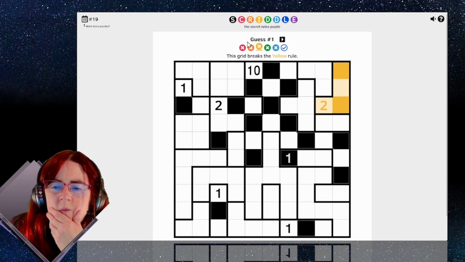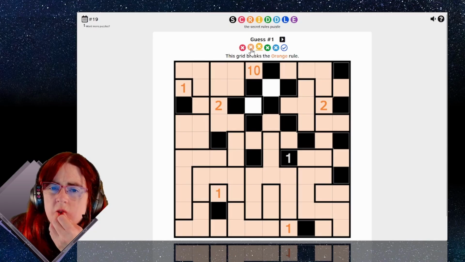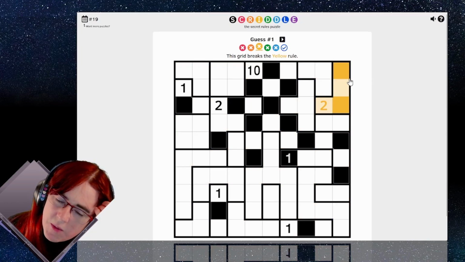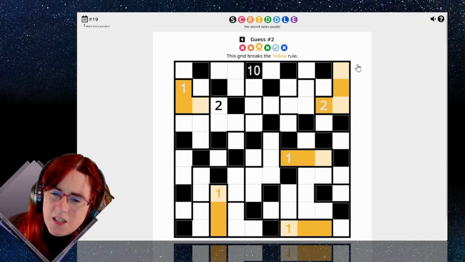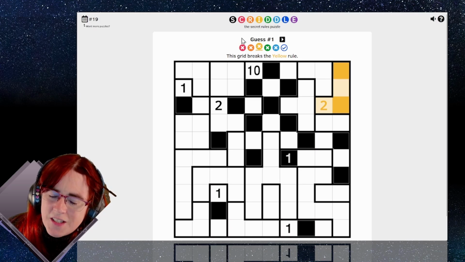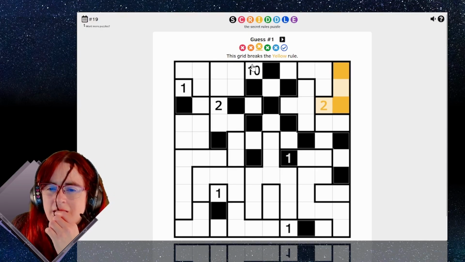So we think yellow seems to be, it's definitely a property of a room. It's a property of a room that is harder to fulfill when you have more shaded cells. But the 10 one fulfills it, whatever it is.